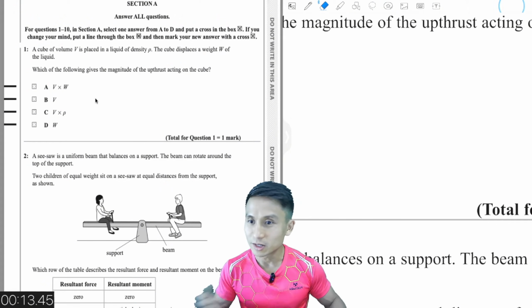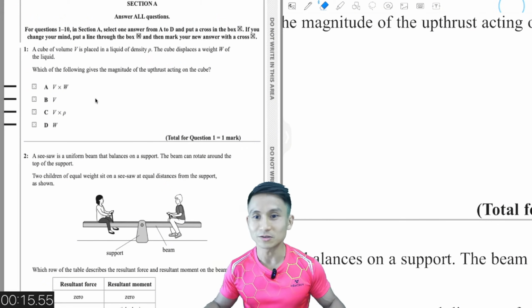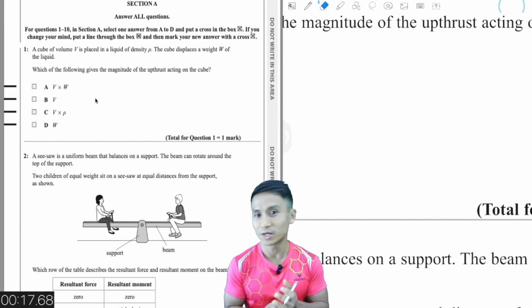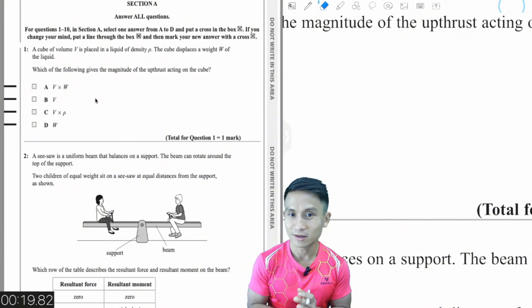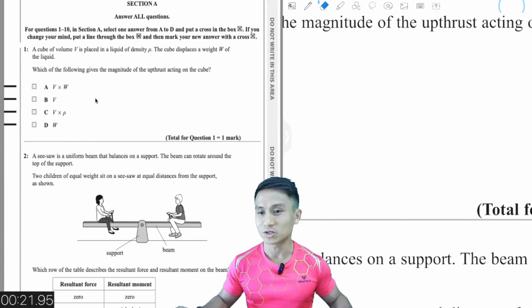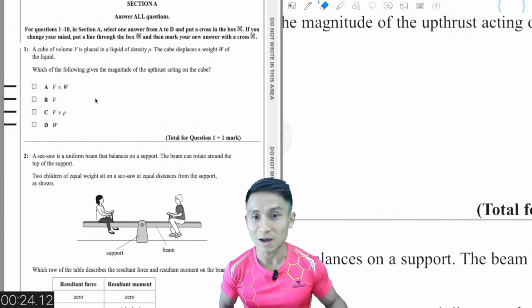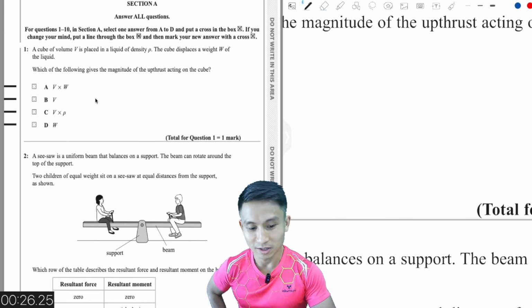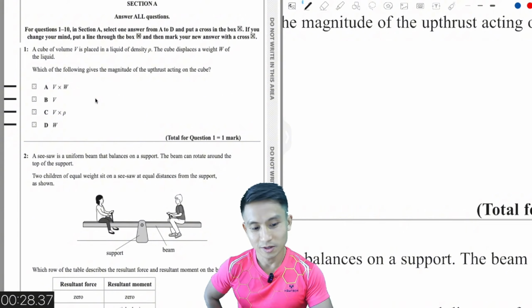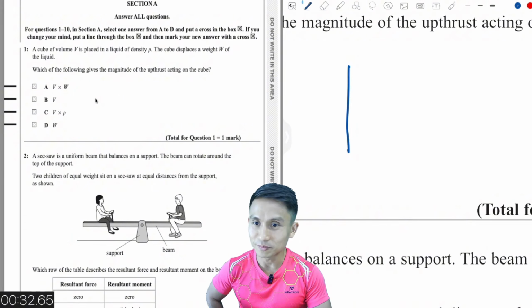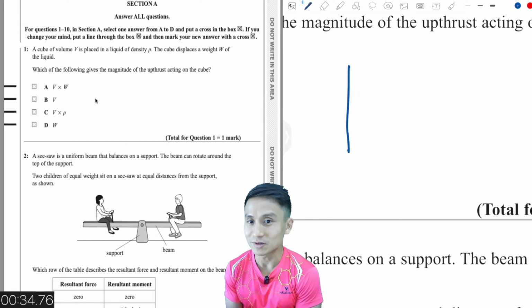Now we have number 1: a cube of volume V is placed in a liquid of density rho. The cube displaces a weight W of the liquid. Which of the following gives the magnitude of the upthrust acting on the cube? Well, it's probably floating, right?